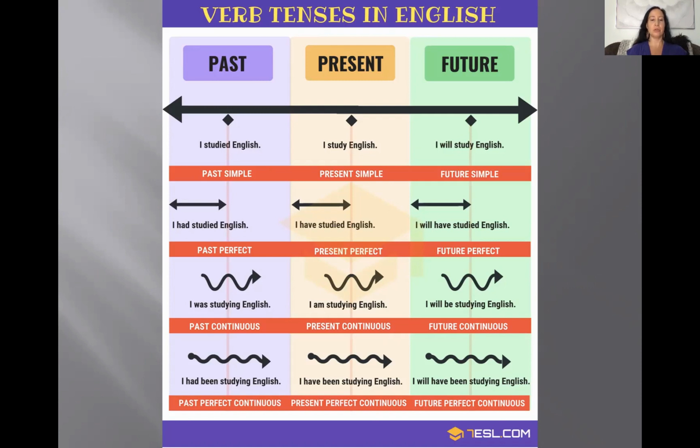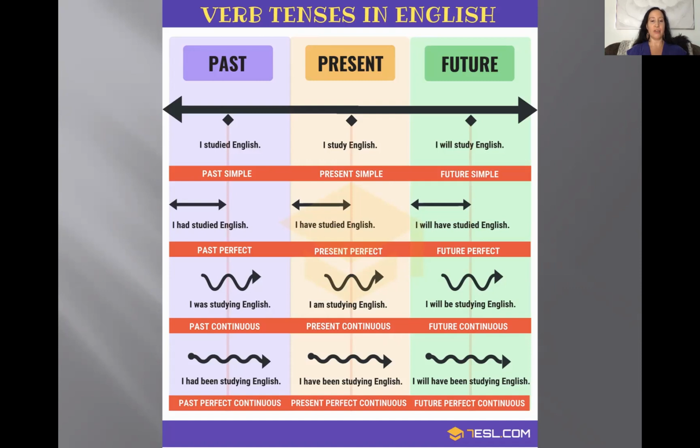I know this seems a little confusing. So the biggest thing you can think of is continuous is ing, okay? I am is present tense, and I was is past tense. So if you have I was studying, you're still doing it. So you did it in the past and you're still doing it now, okay?